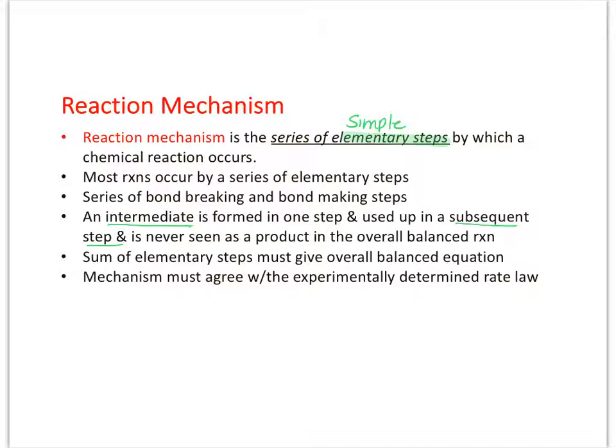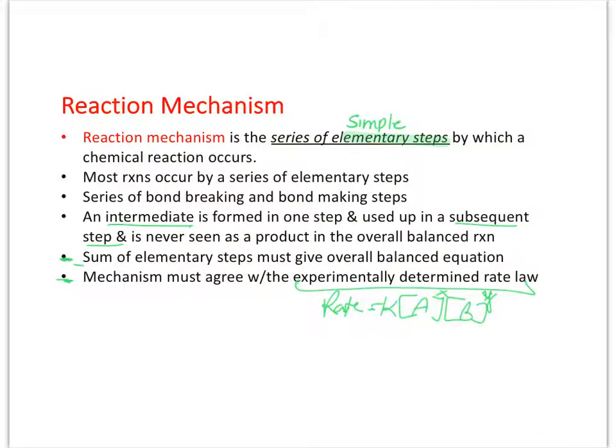When you add elementary steps together, you need to get your overall balanced equations to match, and the mechanism that you come up with must agree with the experimentally determined rate law. So if I have an experimentally determined rate law, rate equals k times some concentrations raised to some powers, sorry for this handwriting, what happened to me? A stroke?